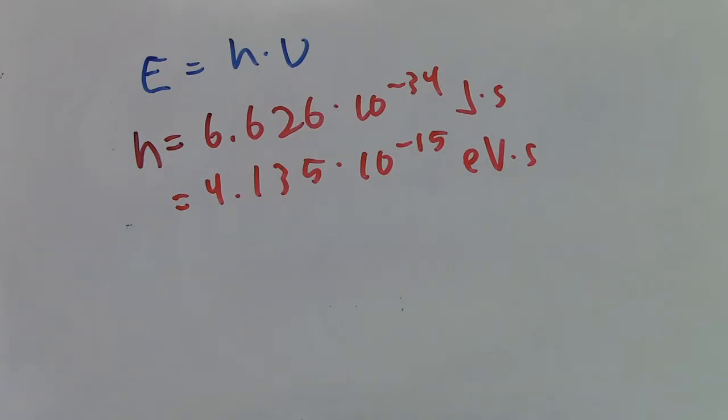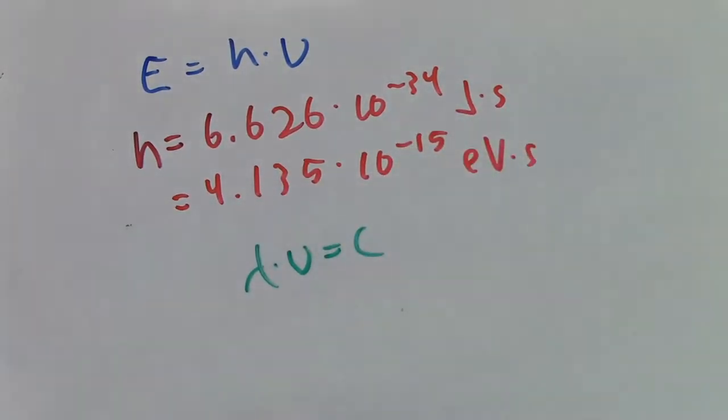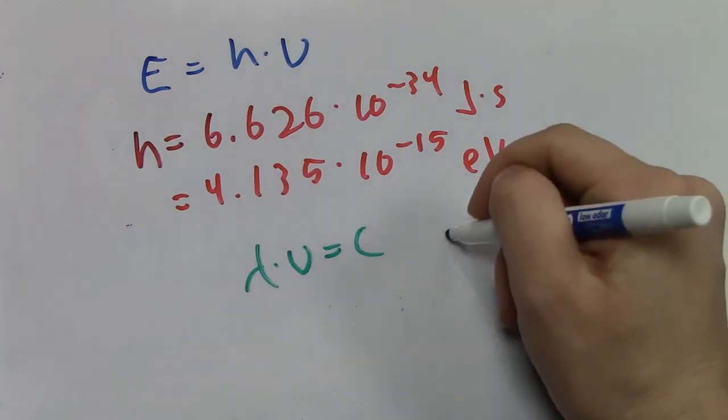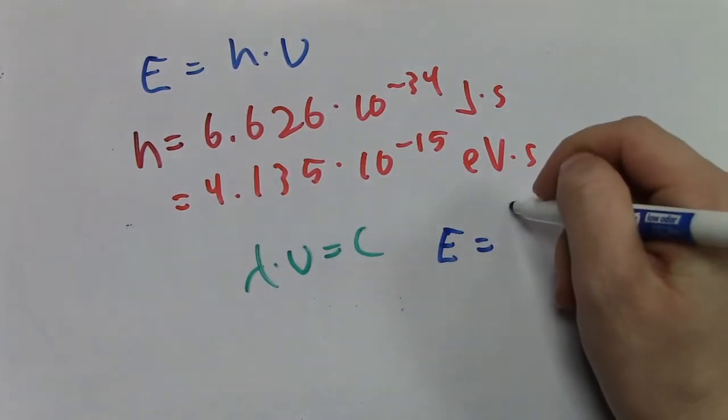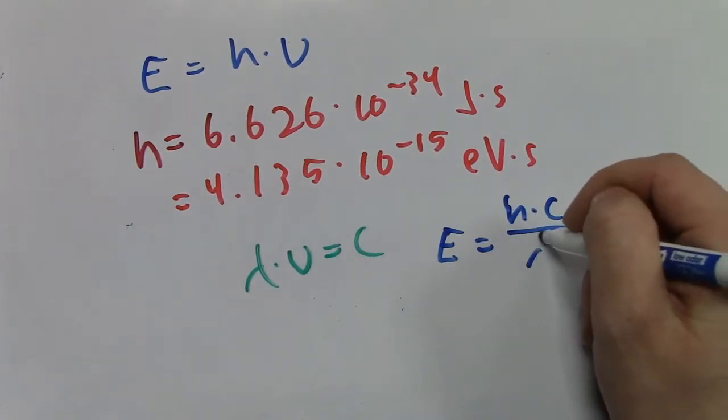Now, given our earlier equation for velocity, which was lambda times nu equals c, we can actually manipulate our energy equation so we can use wavelength instead of frequency in it. And that would look like E equals Planck's constant times the speed of light in a vacuum over wavelength.